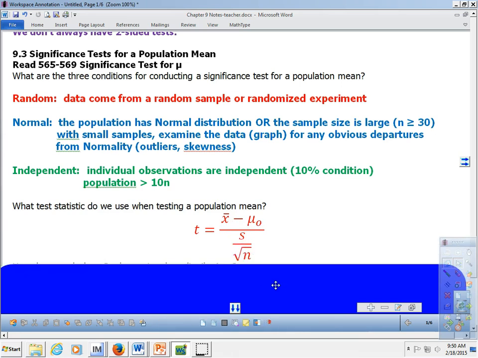So we've checked our conditions, and we're ready to start performing the test. Where does the test statistic for testing population means come from? Well, as you see here, we switch from talking about a z-score to talking about a t-score. We go from a normal distribution for our sampling distribution to a t-distribution, which is not really normal.